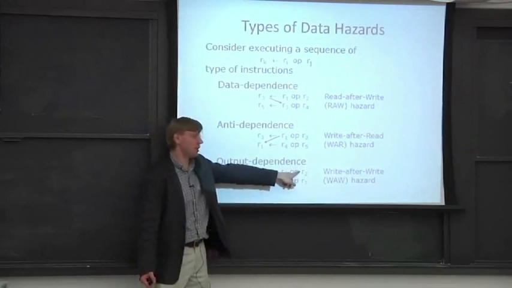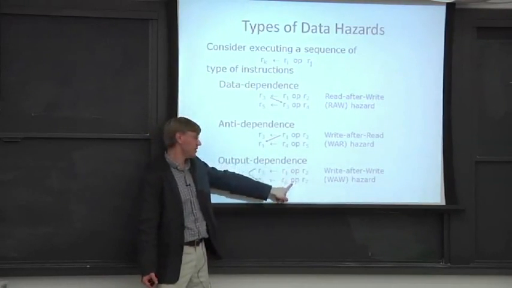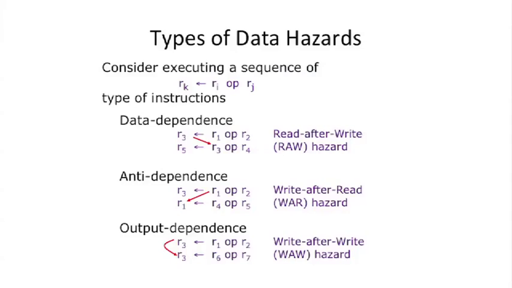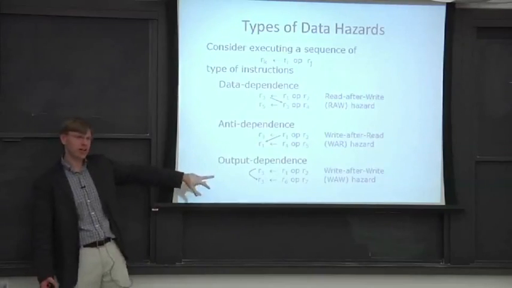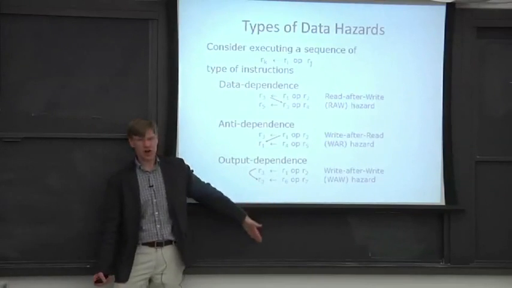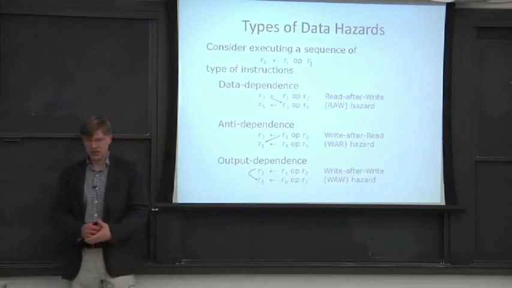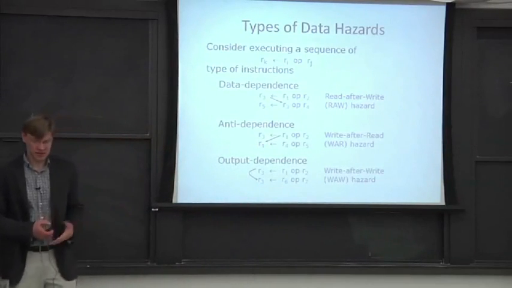This instruction here is a long latency operation, something like a multiply, and this is like an add. So we're going to call that a write after write dependency. We need to maintain the order that this gets written first, and then this gets written. Because if you interchange those two results, the next thing that goes to read R3 is going to get the wrong value. That's pretty important, and it's called an output dependence.